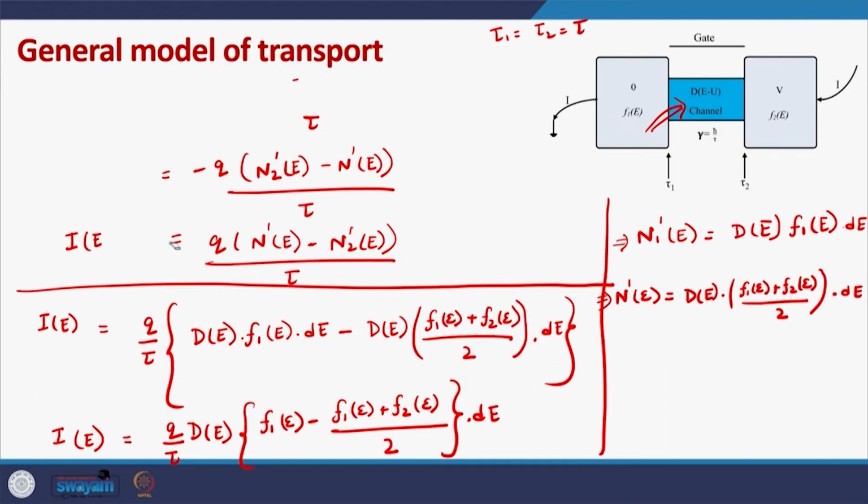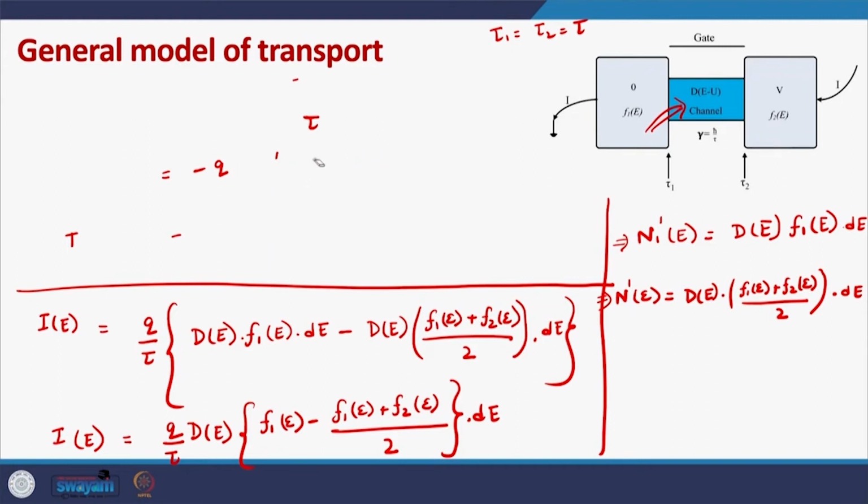So, finally, the current due to electrons in energy range from E to E plus dE, if we simplify this further, can be written as q by 2 tau dE, times (F1(E) minus F2(E)).